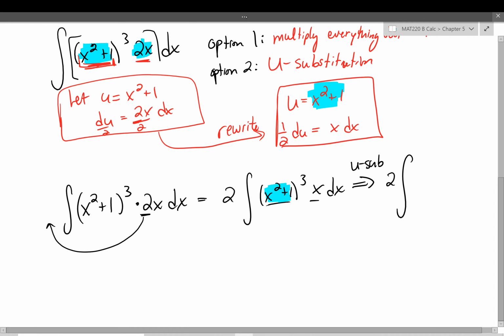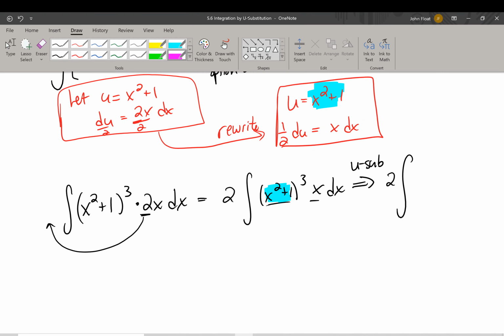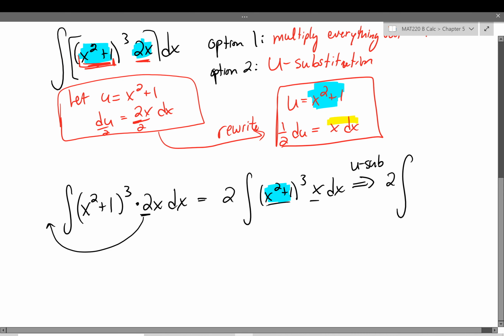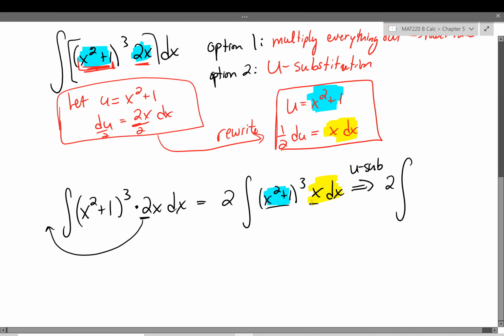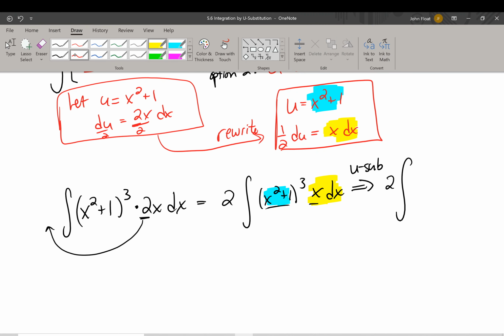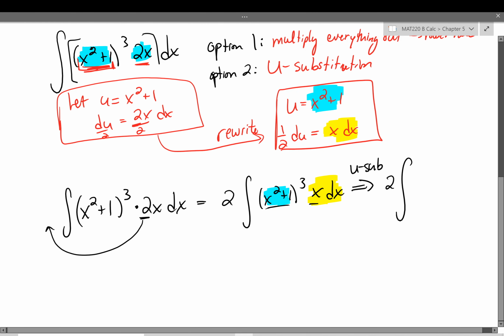And wherever you see x times dx, you're going to replace that with 1/2 du. So my problem turns out to be, and I'm going to write in red, u to the third power times 1/2 du.